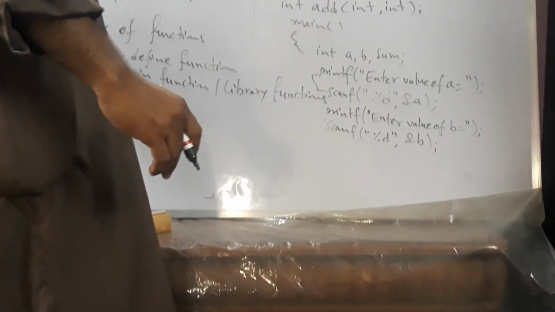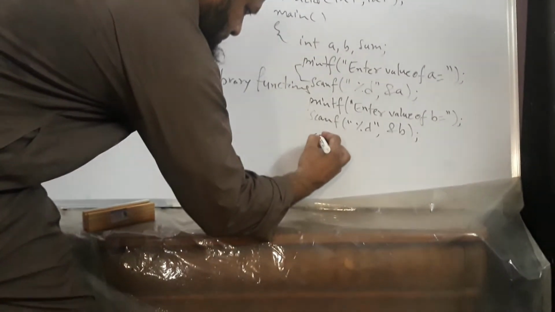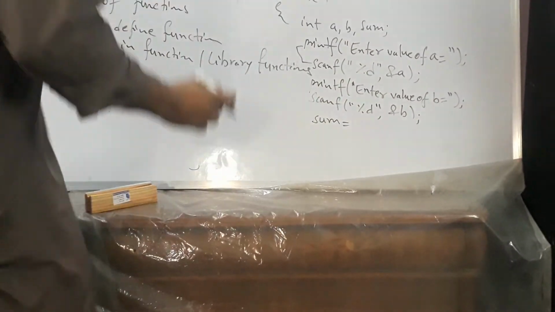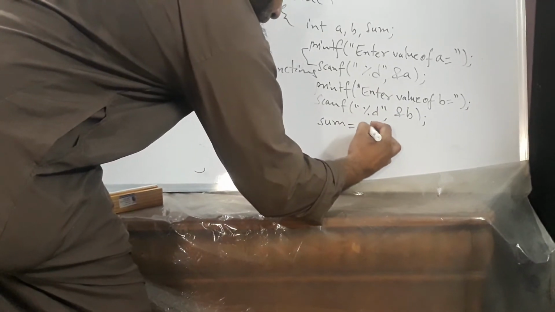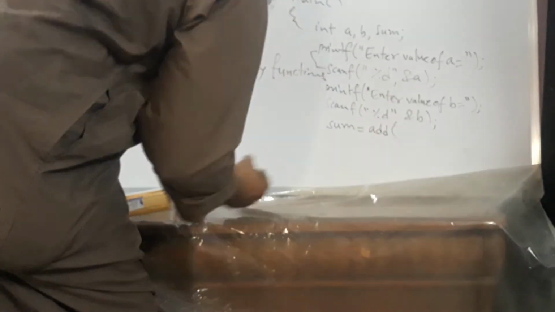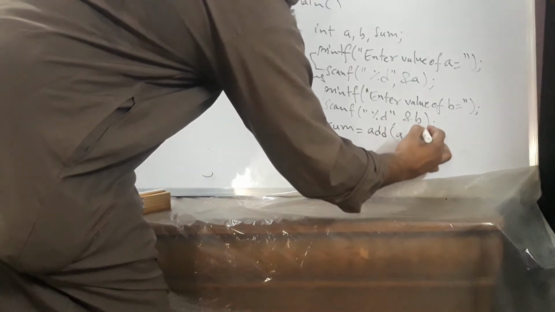After this we'll write sum, where we have to store the value. sum equal to add, the function name, and now we are passing these two arguments, the variables a, b.